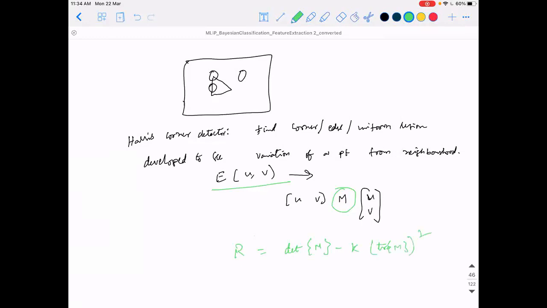Initially it characterizes this matrix by lambda 1 and lambda 2, the eigenvalues, and then puts these eigenvalues into the cornerness measure.